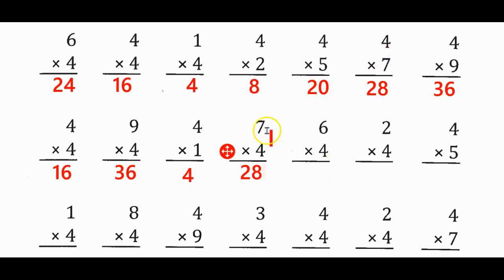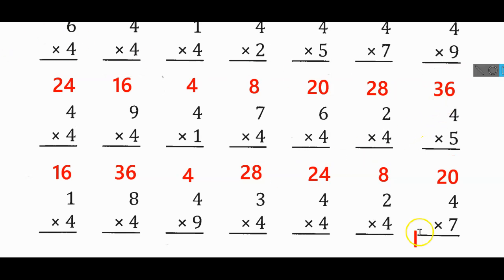Same thing as 4 times 7 or 7 times 4. 6 times 4? 2 times 4? What? 8. Speak up louder. 4 times 5?